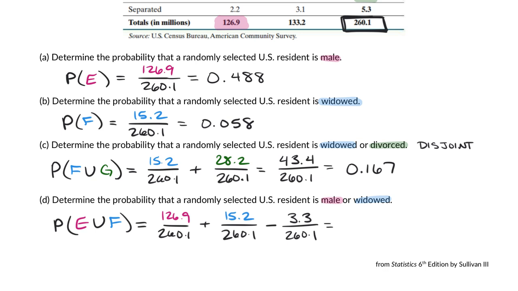When we do that numerator, so 126.9 plus 15.2 minus 13.3, we would get 138.8 over 260.1, which as a decimal is 0.534. So when it's not disjoint, meaning there is an overlap between them, we have to subtract away the overlap. So these are not mutually exclusive events.